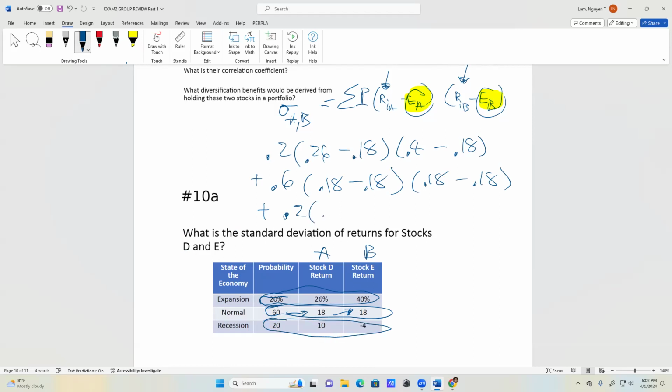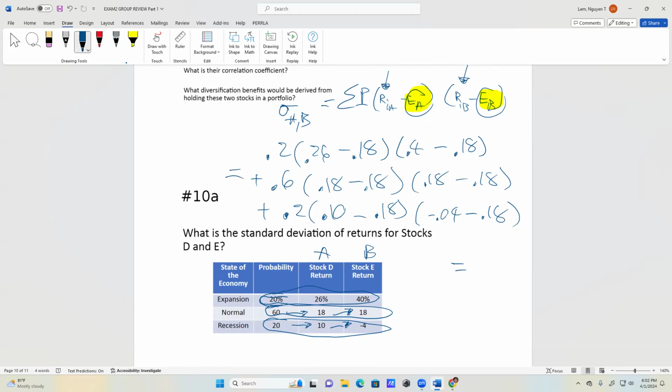Take the 10% for the value next to it, minus the expected return of A, which is 0.18. And then multiply by the next one, minus 0.04 minus 0.18.